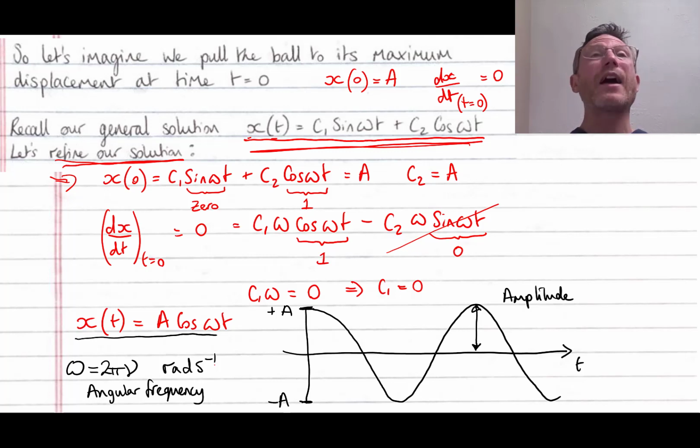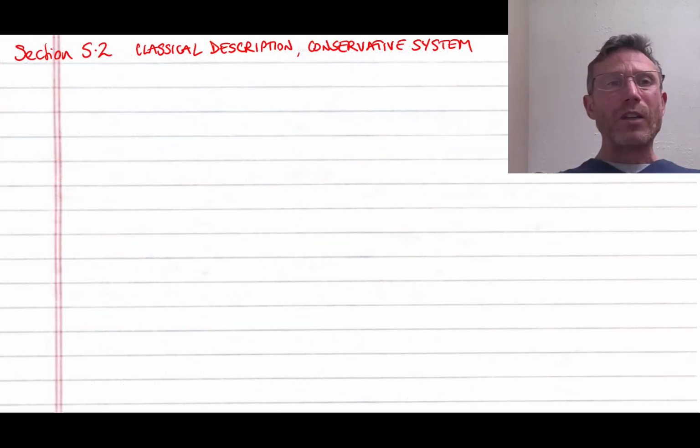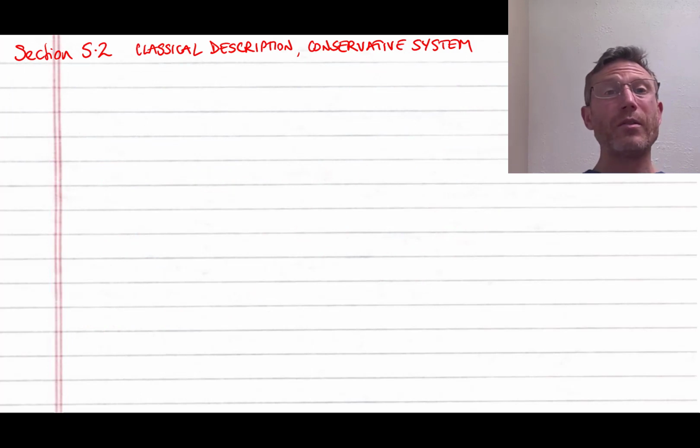So let's now move on to start thinking about the force and the potential, and we'll try to tie that all together. So we're now going to launch into section 5.2. We're going to continue with a classical description of our harmonic oscillator. We're going to call this our ball on a spring.